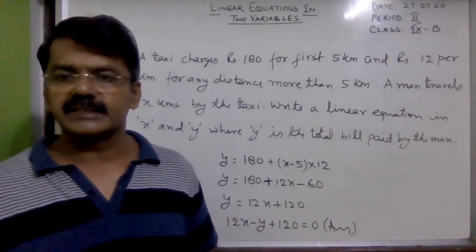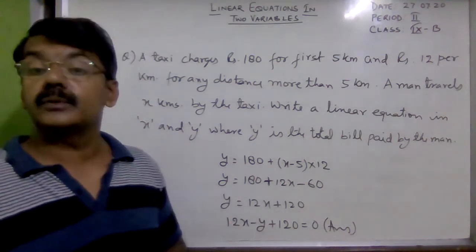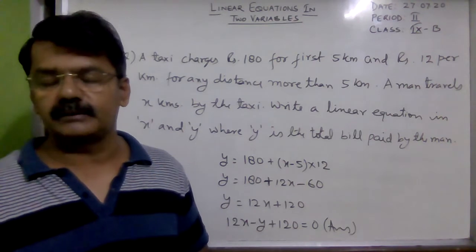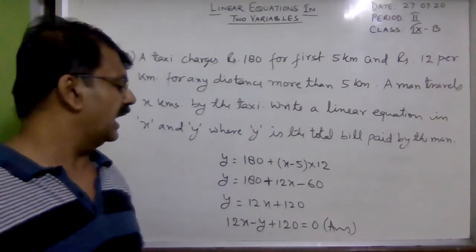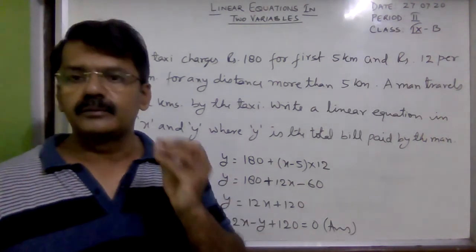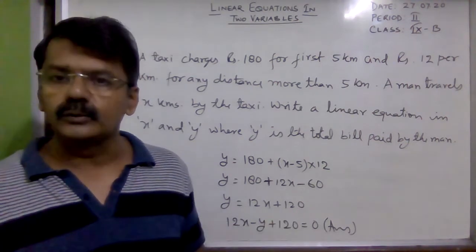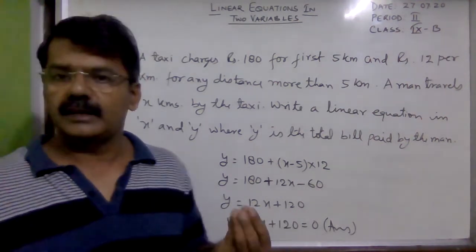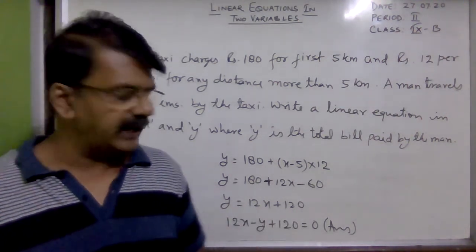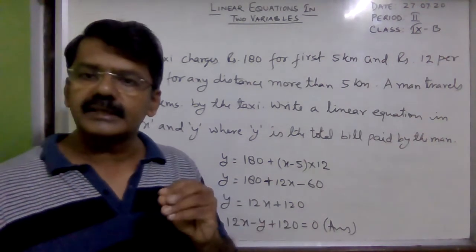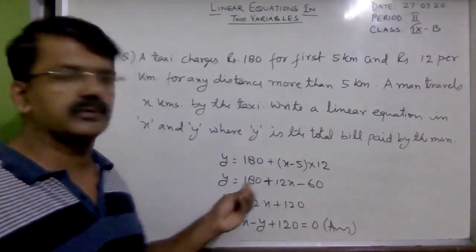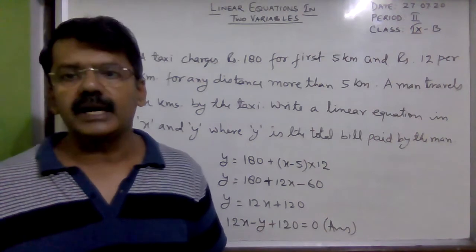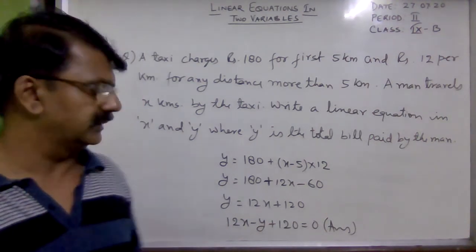Whatever statement is given, you have to read the statement carefully, and then you just have to identify the two variables, let them be x and y, and then whatever is given in the question you have to proceed accordingly and you will get the linear equation.